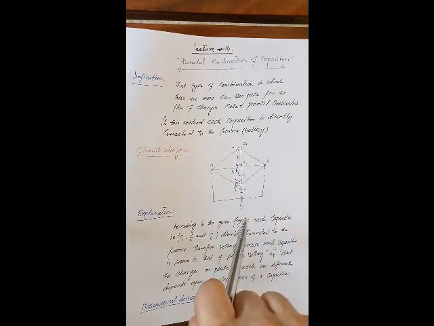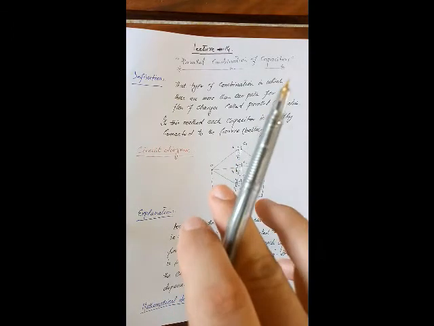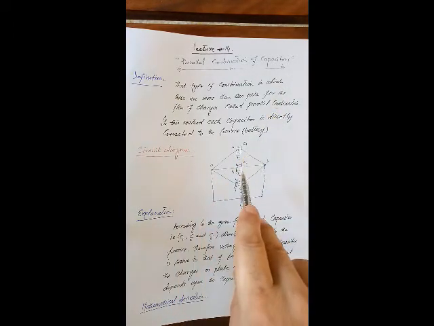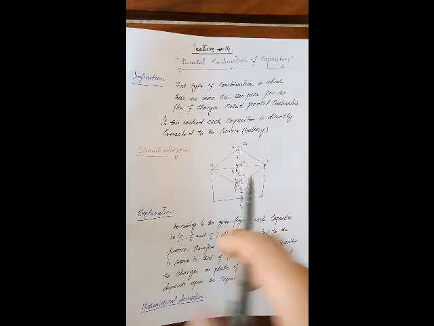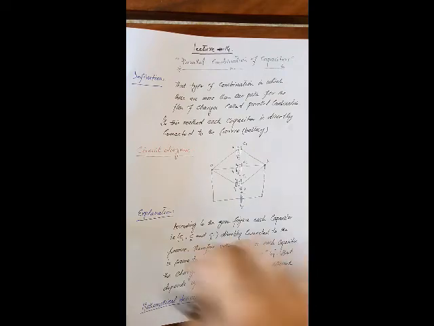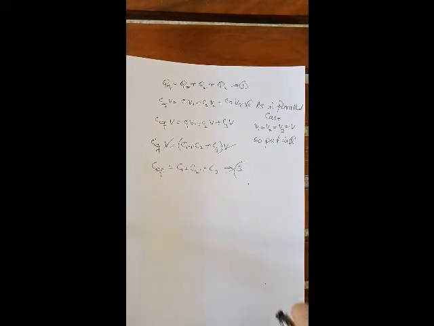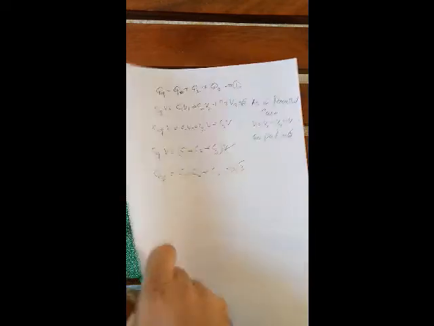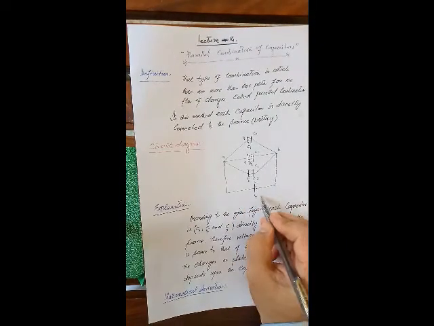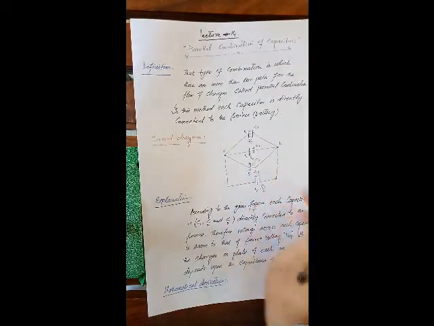Now we will calculate the total combined equivalent capacitance after combination, and how we can calculate this. For this mathematical derivation, according to the given figure, the three capacitors are connected in parallel, so the total charge Q is equal to Q1 plus Q2 plus Q3.